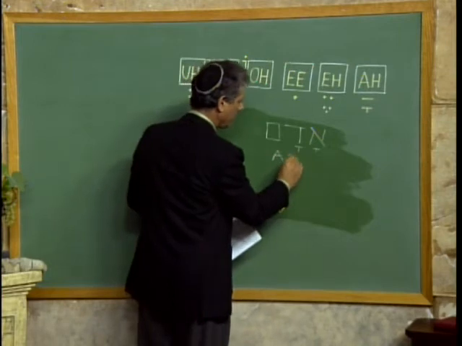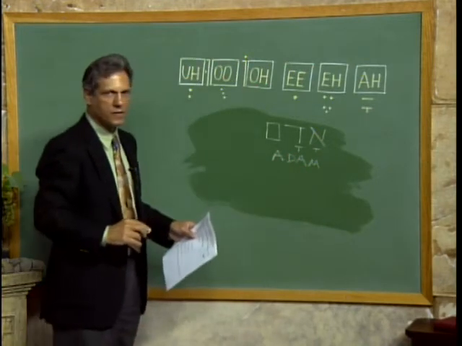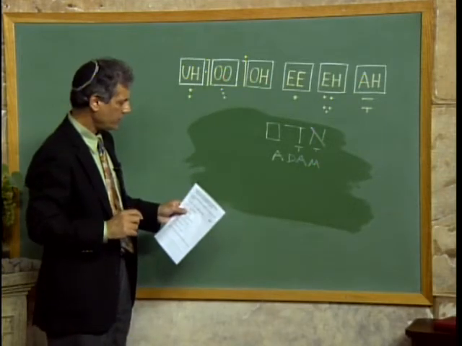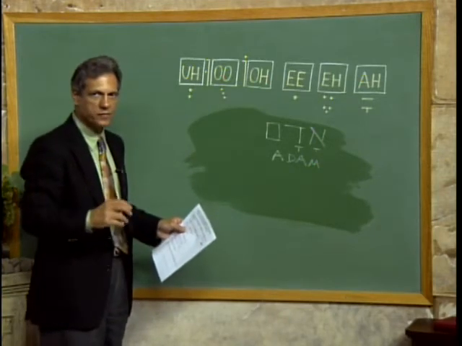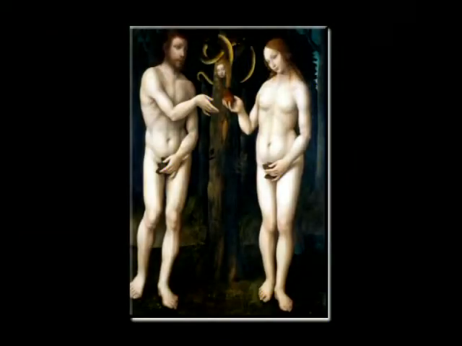A, Da, M. It's simple enough. And here is his wife, Chava. Chet, the letter Chet with an A sound, the letter Vav with an A sound, and the letter He as an ending letter. Adam and Chava, Adam and Eve.